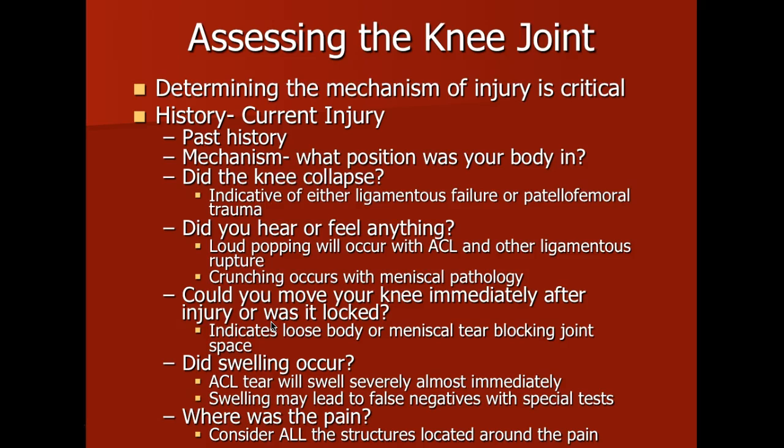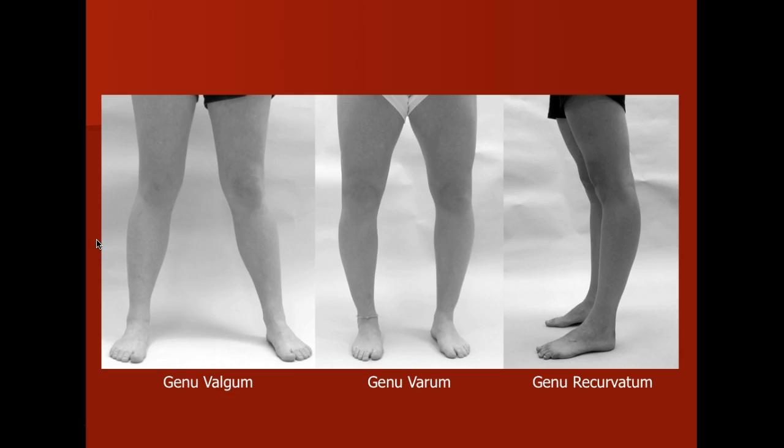You can get an idea of, okay, this sounds like it could be an ACL injury or this could be an MCL injury. That's why it's really important to get a good history when you're dealing with a knee joint.